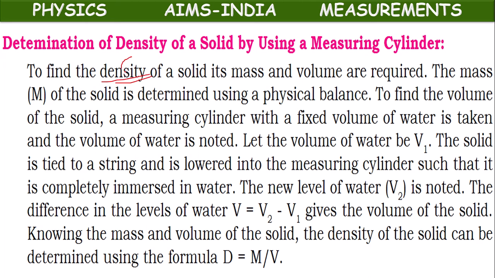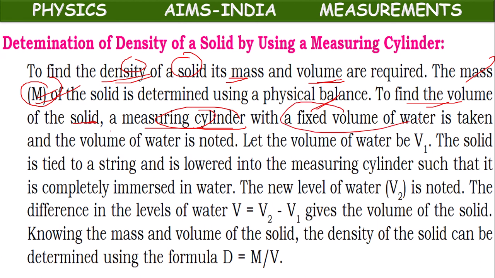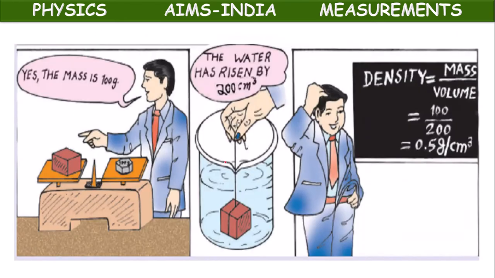So to find the density of a solid, we need mass and volume. Mass can be measured by a physical balance. To find the volume of the solid, we will take a measuring cylinder with a fixed volume of water, like this.